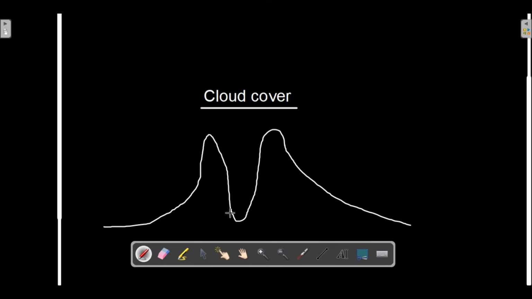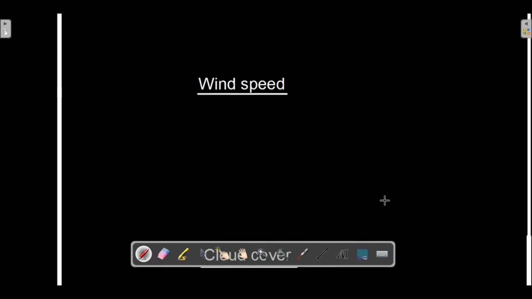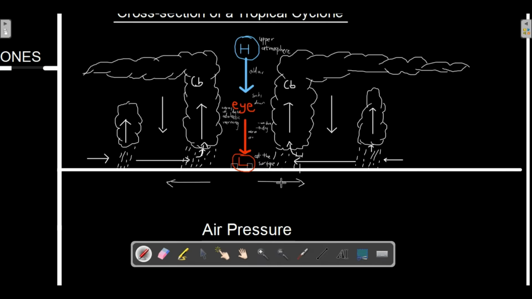So the cloud cover is lowest at the eye, highest in the eye walls, and as you move away from the eye, the cloud cover drops further. We went from cumulonimbus clouds to stratus clouds. So the cloud cover is dropping as you move away from the eye.